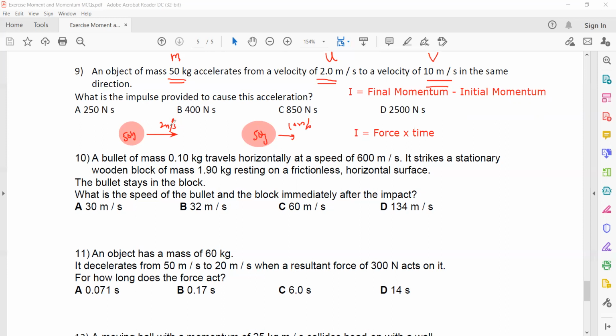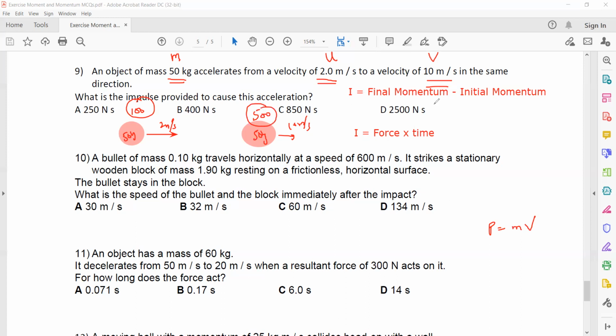To get the momentum, the formula of momentum, which is denoted by P, is equal to M into V. So what is the starting momentum? Mass is 50 and the velocity is 2. So 50 multiplied by 2. So starting momentum is 100. And the final momentum, 50 multiplied by 10, is equal to 500.